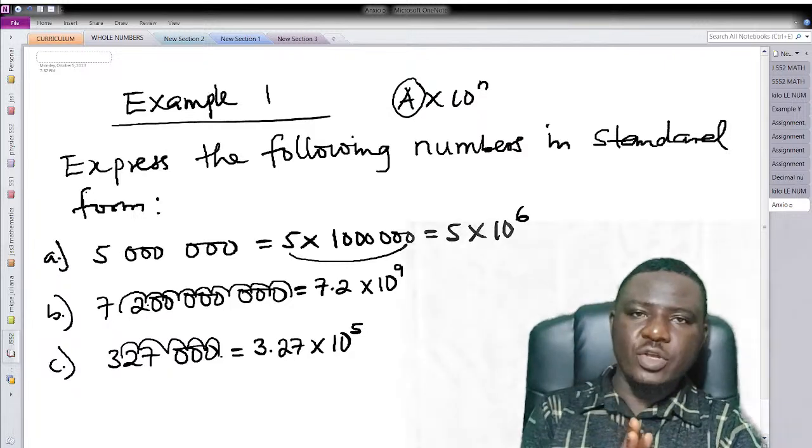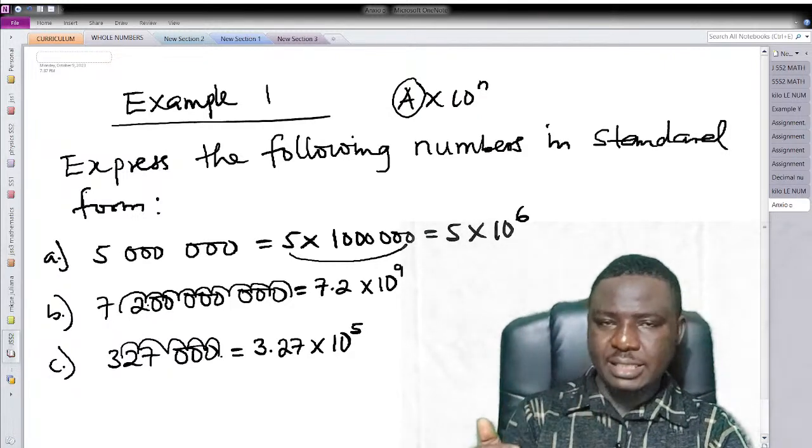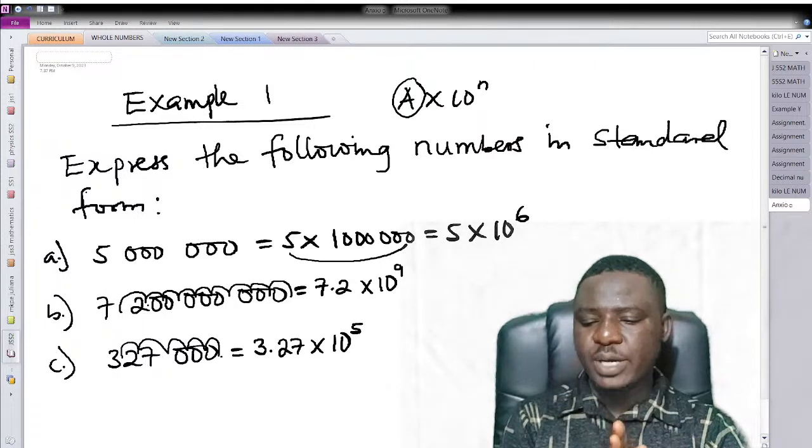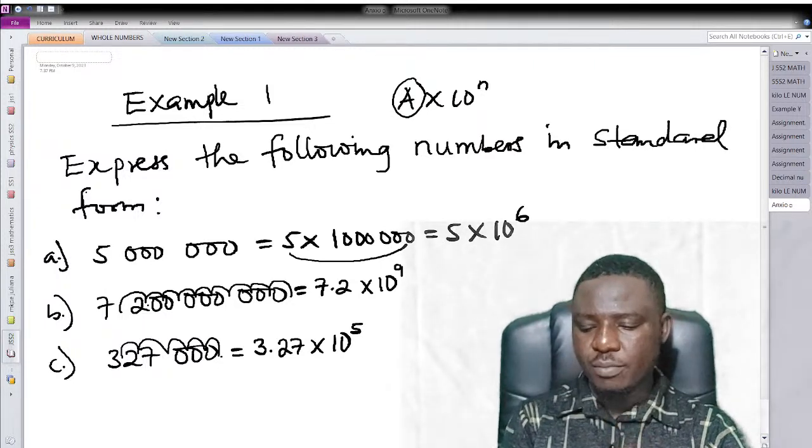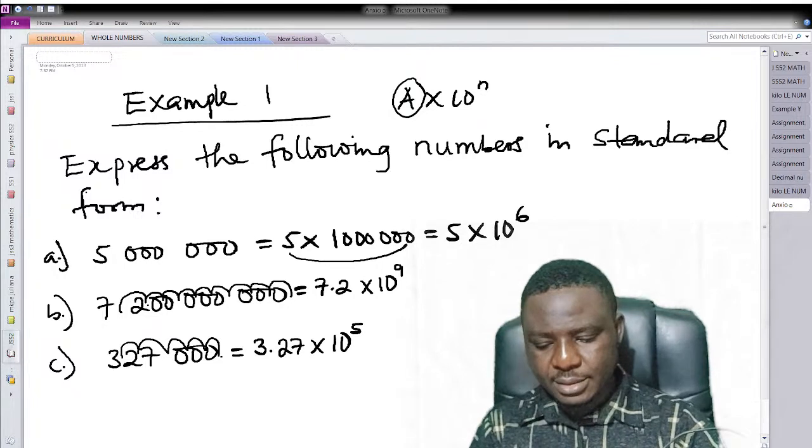I have just given you an example on how to express numbers in standard form. So do you understand?